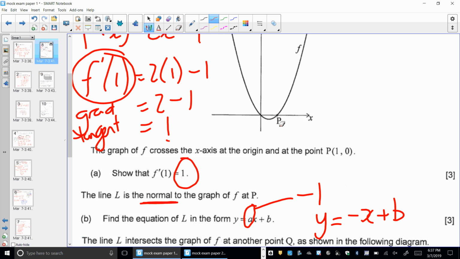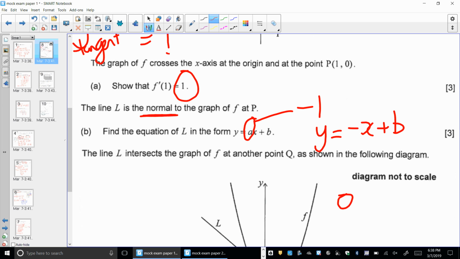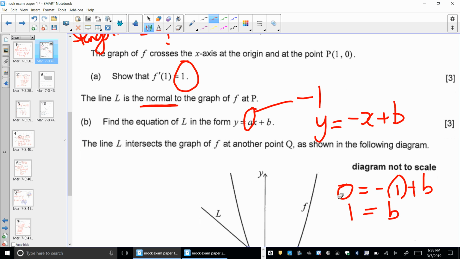Now, the normal is going to go through the same coordinate, because they're talking about the normal at P. So we use this coordinate: 0 equals -1 plus b, which means that b is 1, so the equation of our normal is y equals -x plus 1.